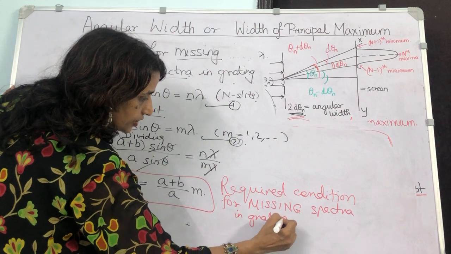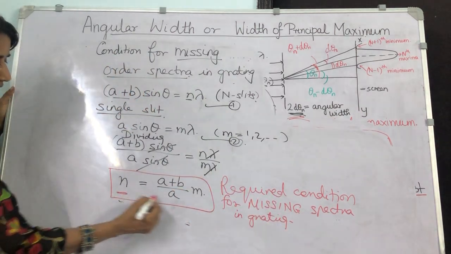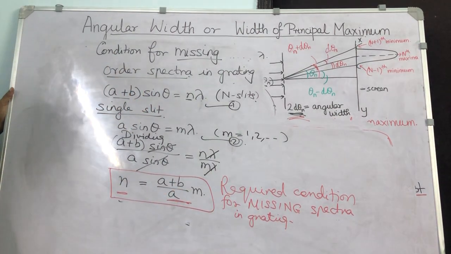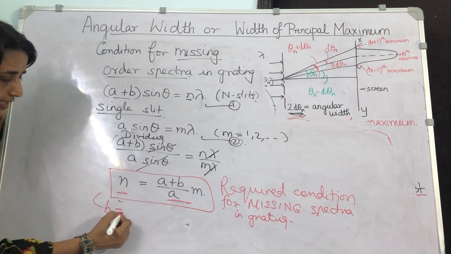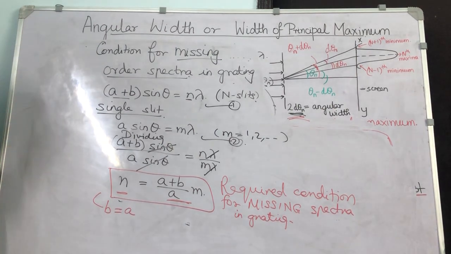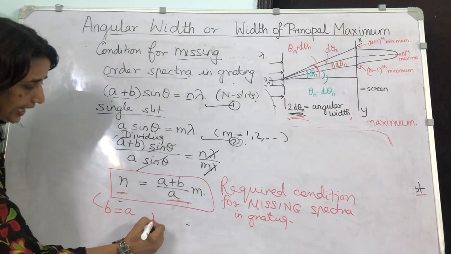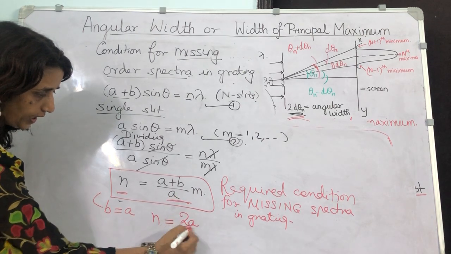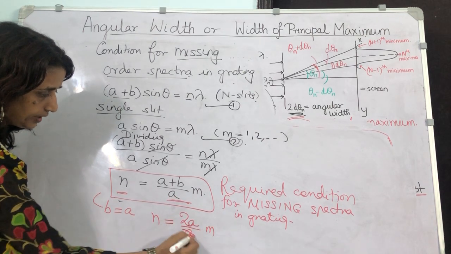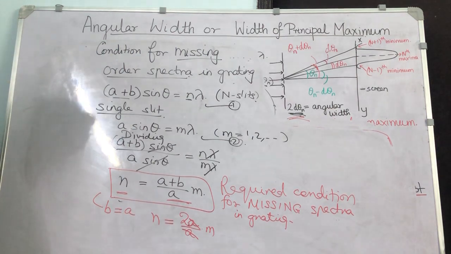When this condition is satisfied, those specific colors will not be observable. You can take two important cases here. When slit width is equal to opaque space, then n equals 2a upon a into m, which cancels, and you get 2m.